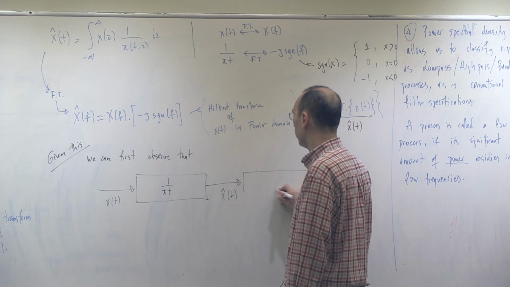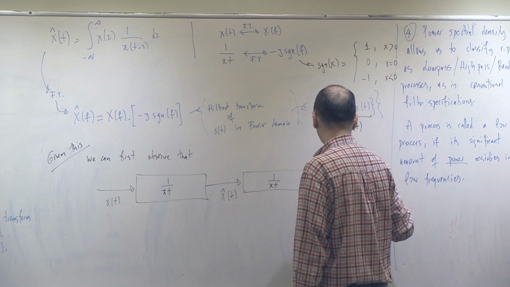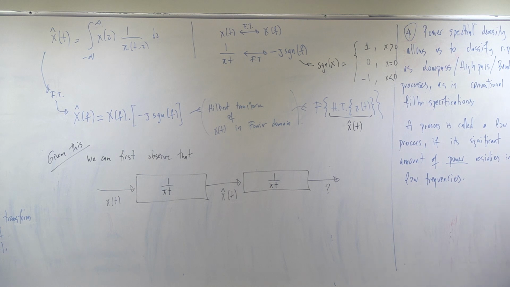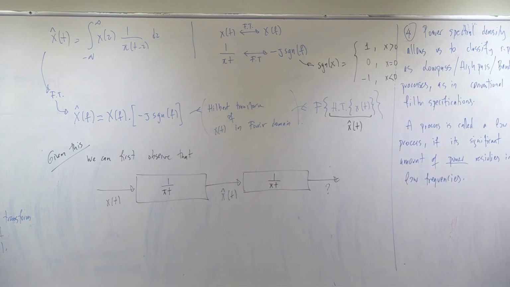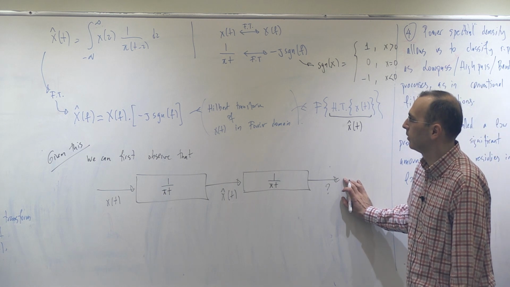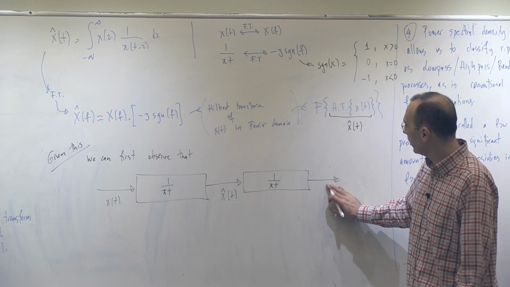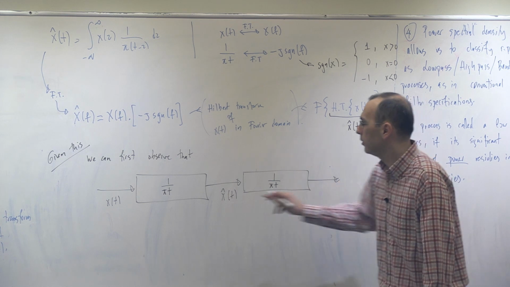Now, if I have one more Hilbert transform, 1 over pi t, what will be this second output? Maybe you should use this. What will be the question mark? It's the negative of it, isn't it? Why do you say it is the negative? It's actually minus the original, the very first input, x of t.